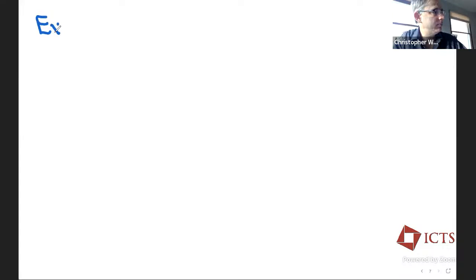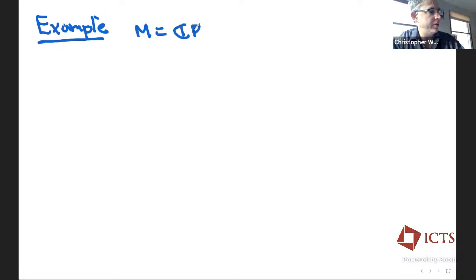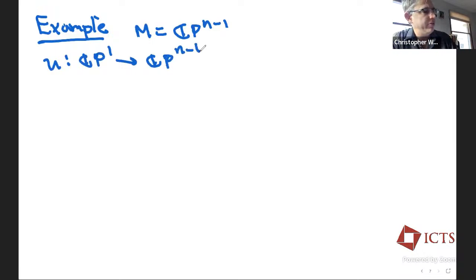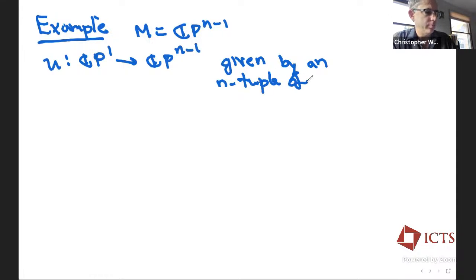So an example would be if I take M to be CPN minus 1. And so if I have a map from CP1 to CPN minus 1, then this is given by an n-tuple of polynomials.